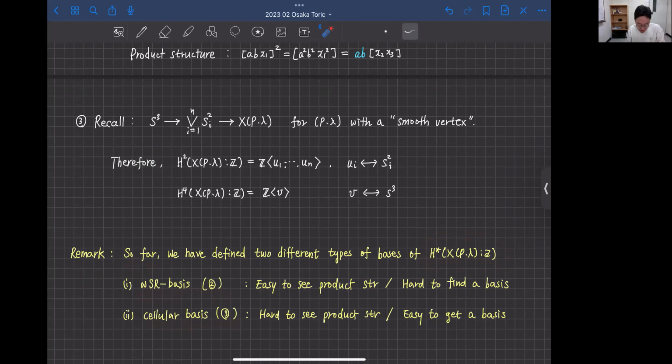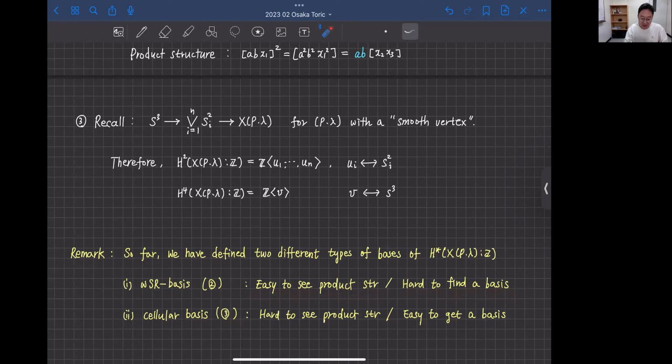One is the presentation coming from this weighted Stanley-Reisner ring. It is really easy to see the product structure because this is nothing but polynomial computation. But remember that it describes some elements, but it is hard to find the basis.